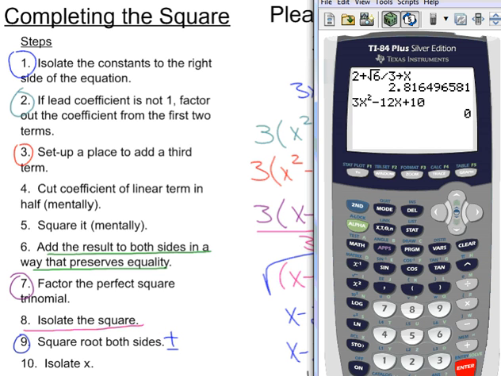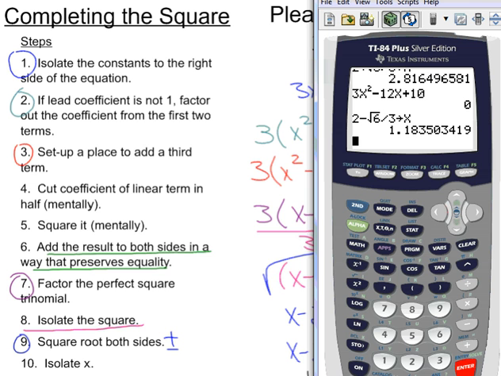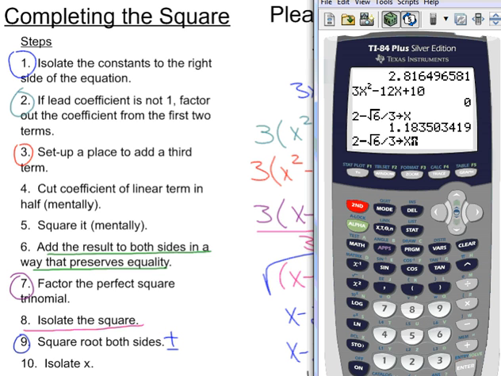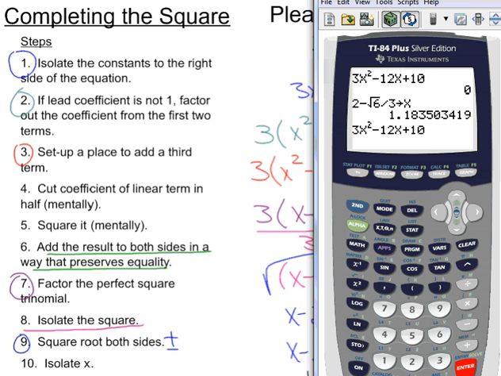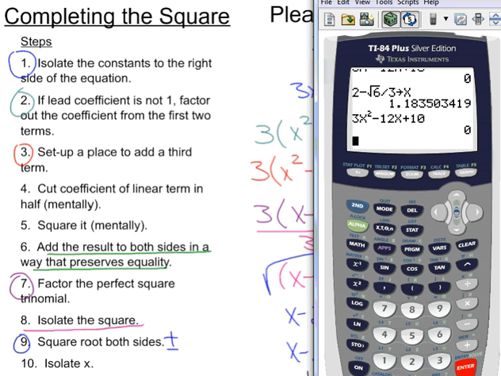And again, if I went second enter to go back up to where I entered that answer, I could change the plus to a minus with relative ease. And then second enter, showing that that fits the expression as well.